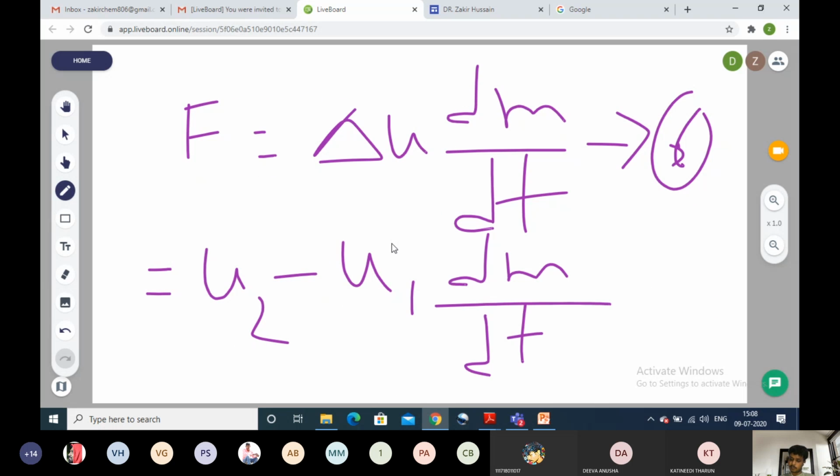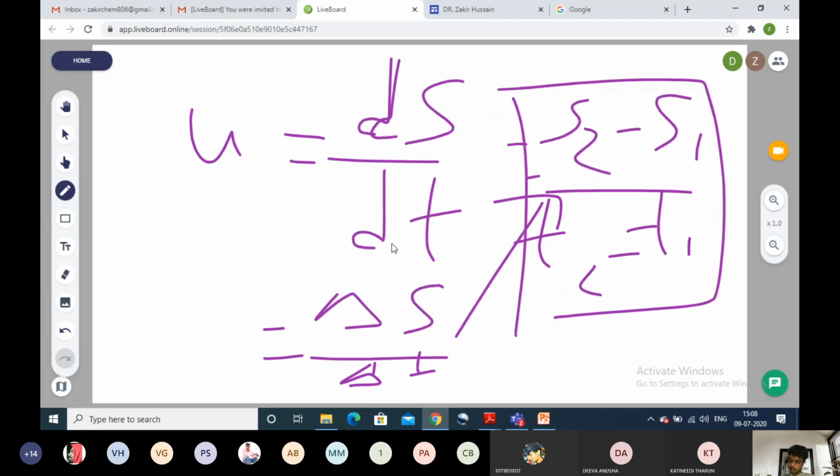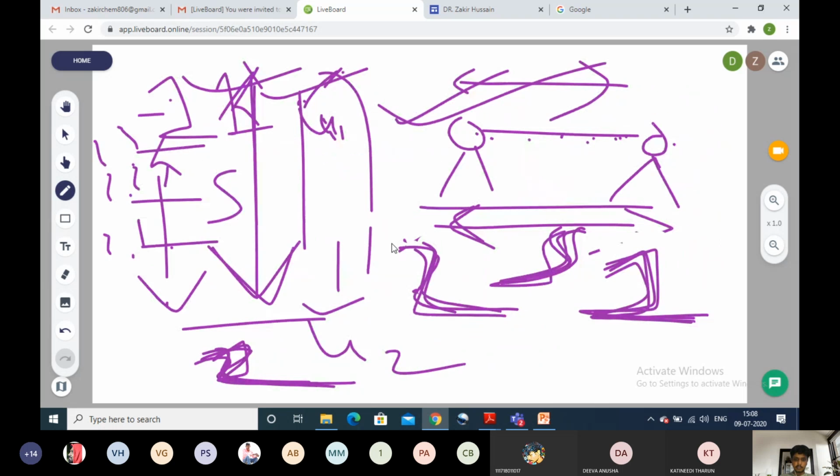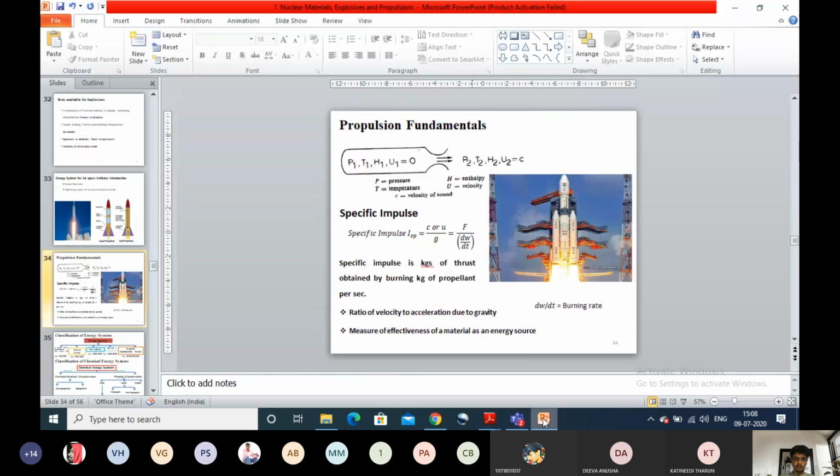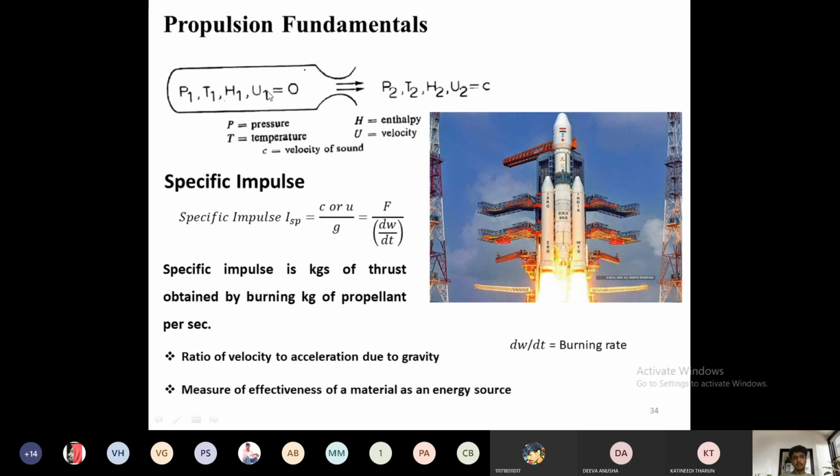Now we already defined our rocket initial variables here in the PPT. I'm just showing the PPT. Here you can see initially the solid propellant, the mass inside the rocket, is just at rest. So we can consider u1 is equal to 0, compared to the velocity which is created afterwards after burning in the combustion chamber.